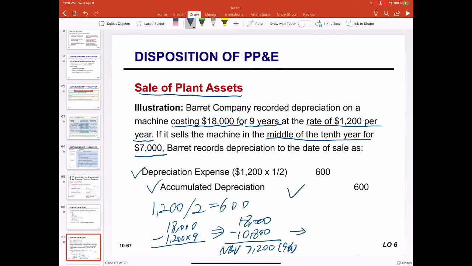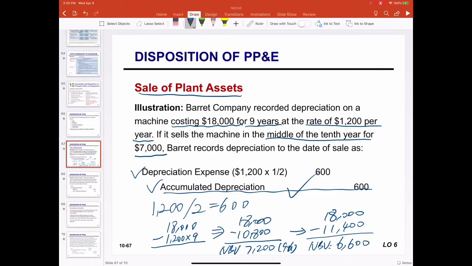After this adjustment, the book value of the machine will be 18,000 subtract 10,800 plus 600, because accumulated depreciation increased 600. So that will be 11,400. So the net book value will be 6,600.